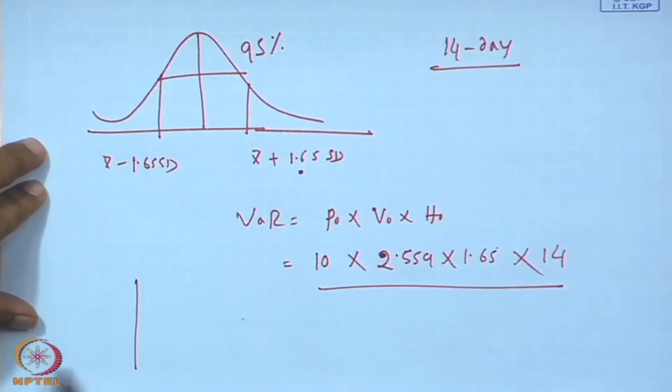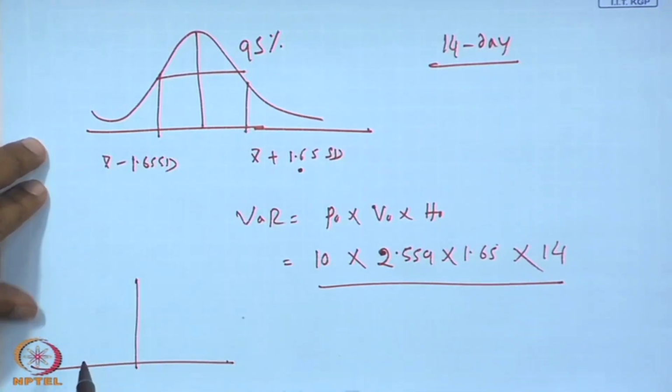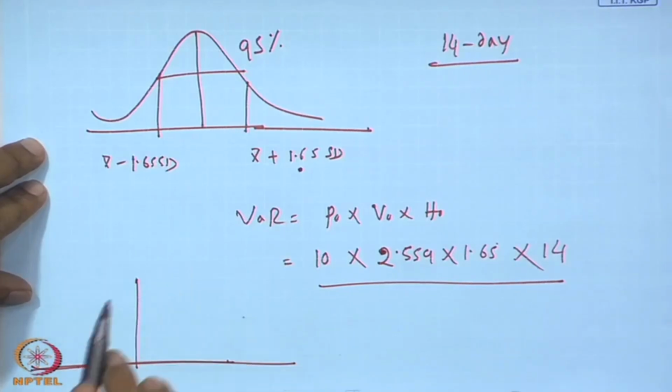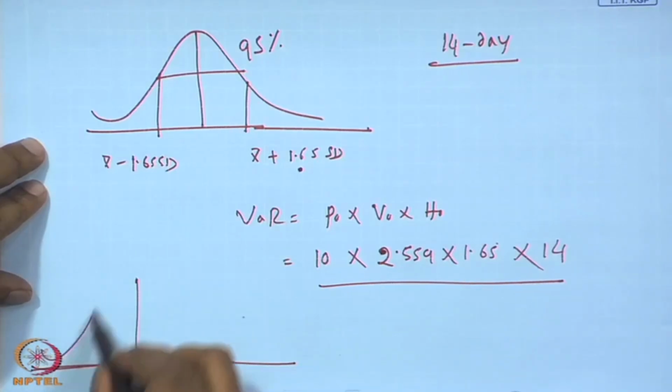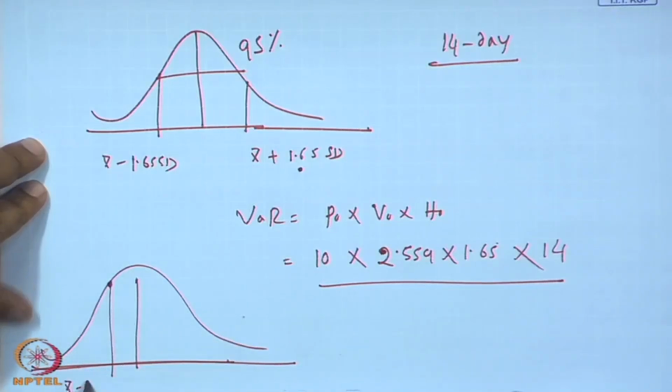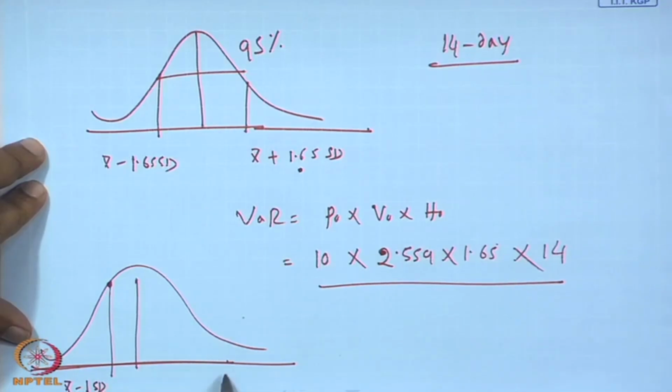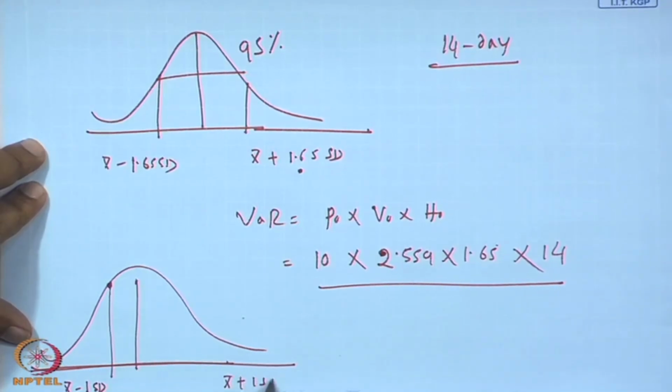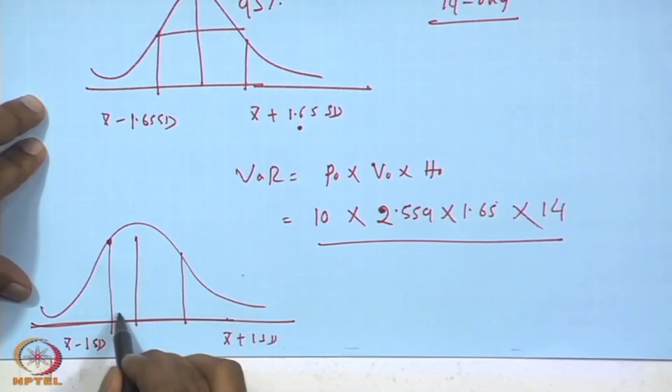So, what are we doing here? Similarly, if you calculate for a smaller confidence, suppose I am confident about only 68%, then my standard deviation is 1 standard deviation, and I am confident about a small area.